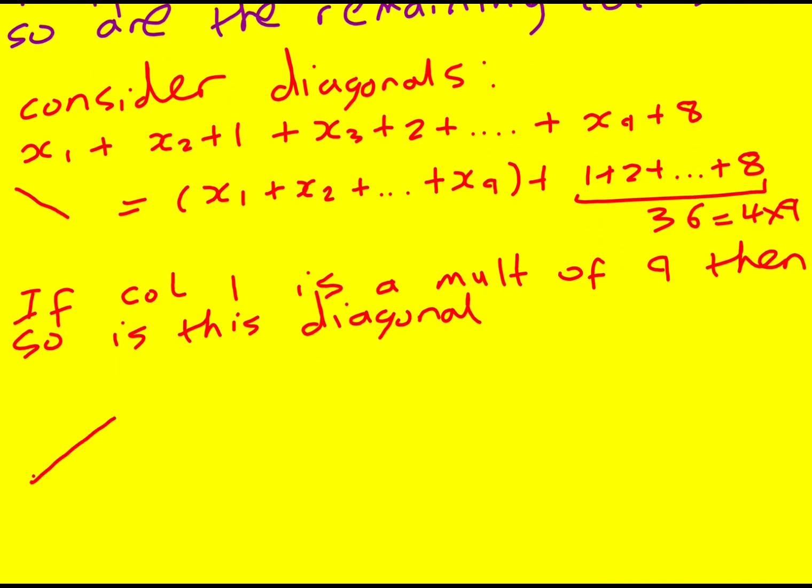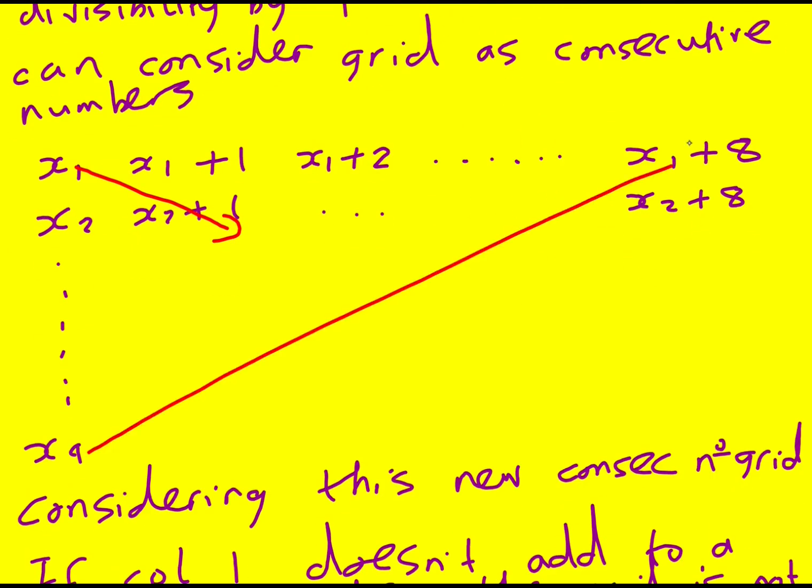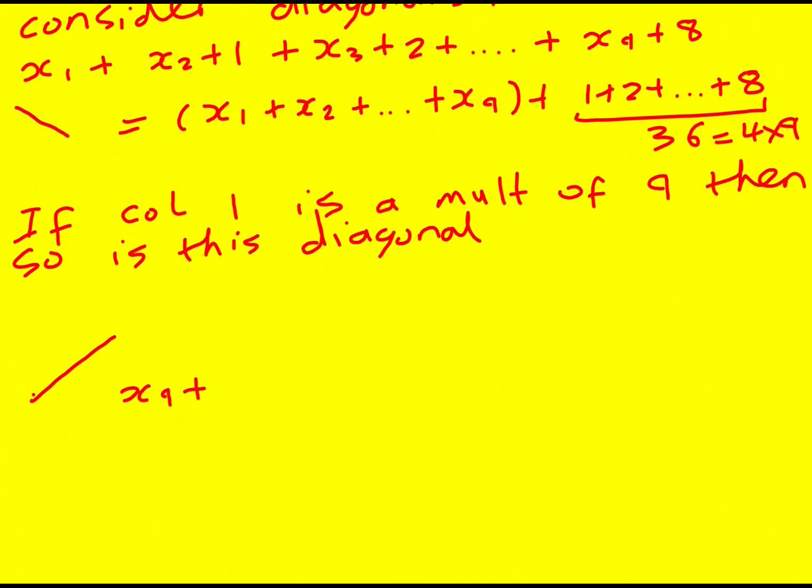And we've got the other diagonal, which is going to work in a very similar way. It's going to be x9, because I'm going from here to here. Maybe I'll start with x1 plus 8, plus x2 plus 7, up to x9.